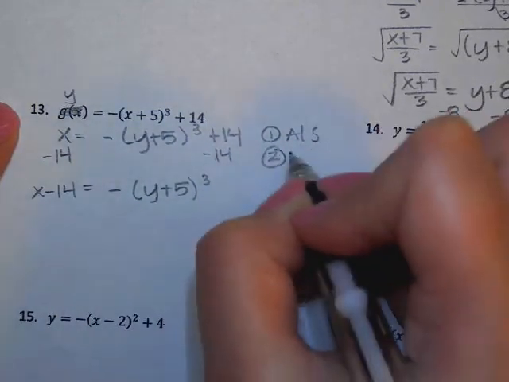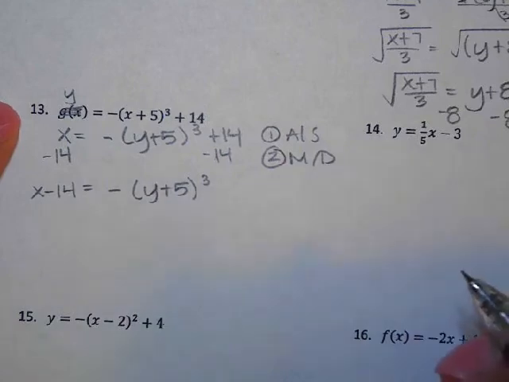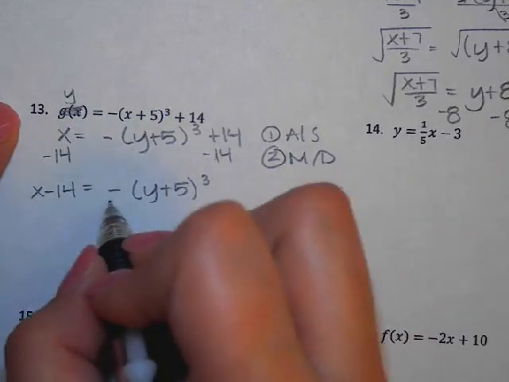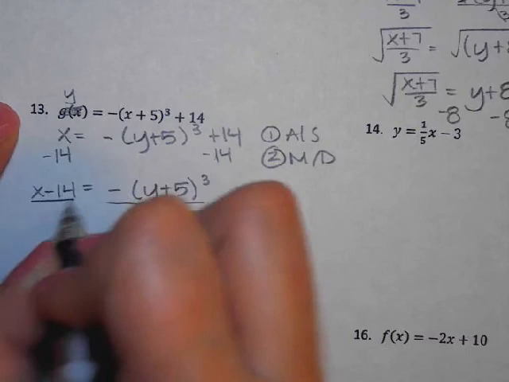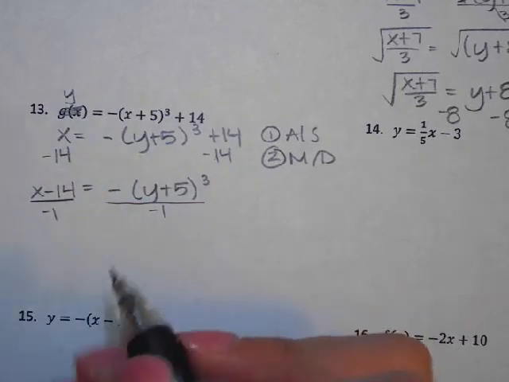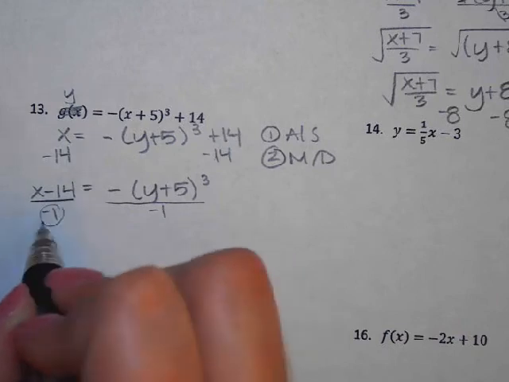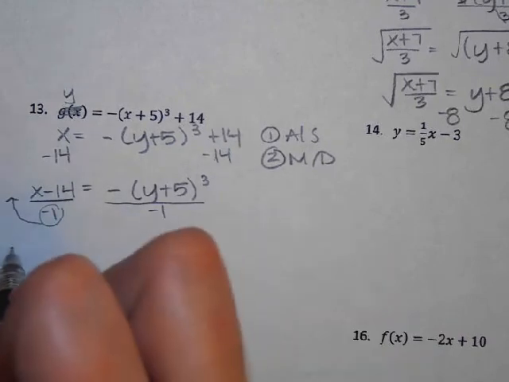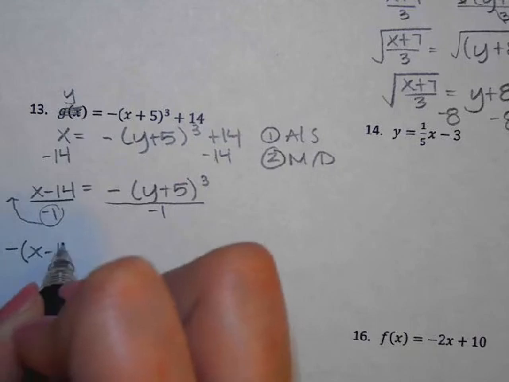Next, I'm going to see if there's anything I could multiply or divide to the other side. There's a -1. And I'm going to do exactly what I did on that other problem. I'm just going to take that negative and move it up to the front. So negative of x minus 14.